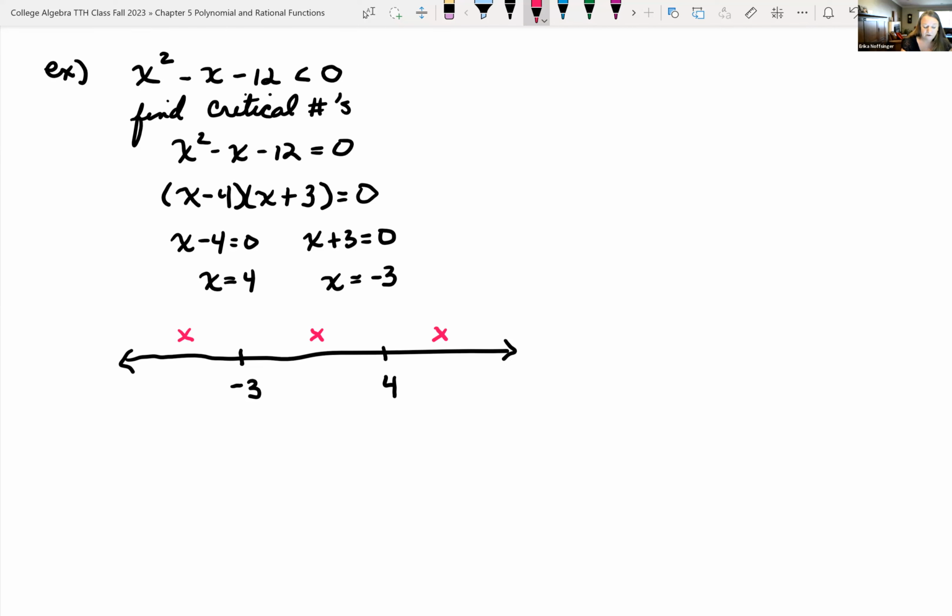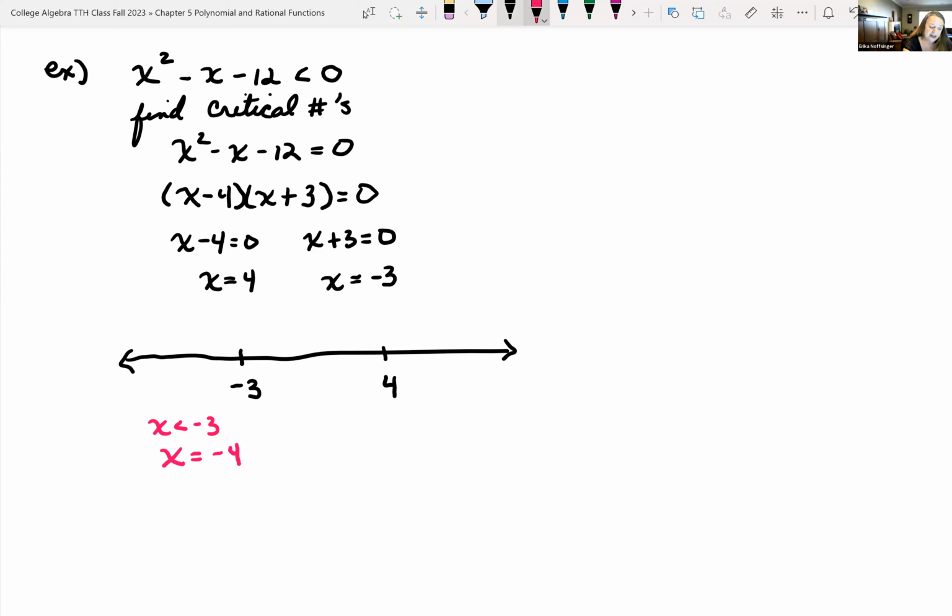And I have an interval where x is greater than 4 that I need to check. And so we want to choose any number that is strictly less than -3. So how about x equals -4?